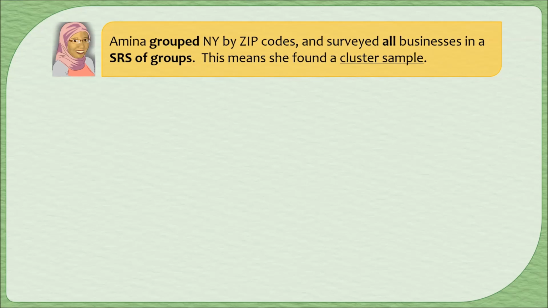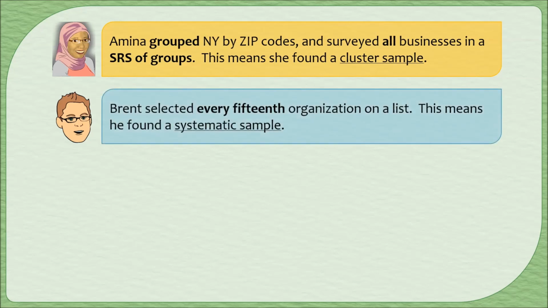So because she looked at everybody in a random sample of groups, this means that Amina found a cluster sample. How about Brent? Well, Brent created a list, and he selected every 15th organization on that list. Since he went every 15th, he found a systematic sample.